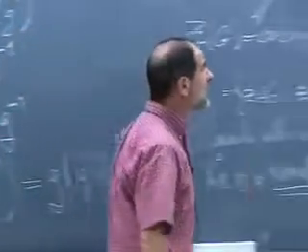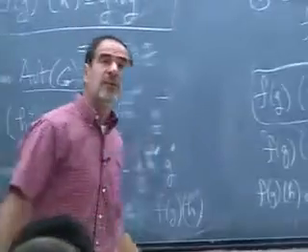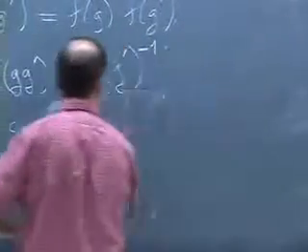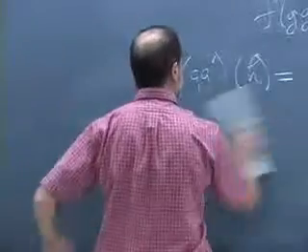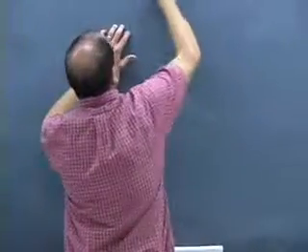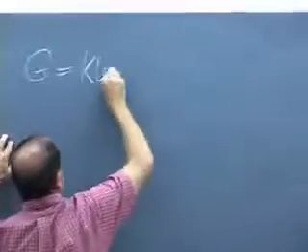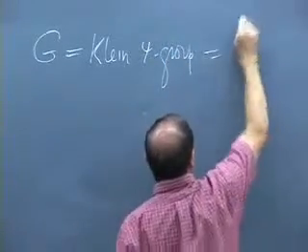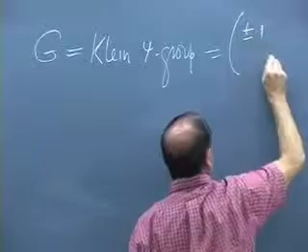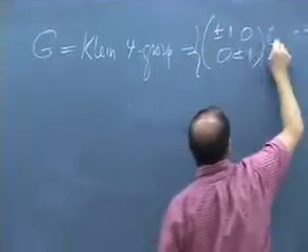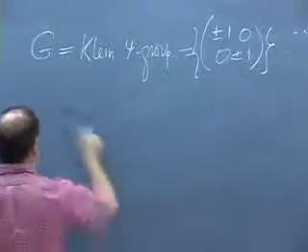Well, let's take a look at a simple type of group and see whether we get all the automorphisms. Let's take a nice group like the Klein 4 group, which Peter exhibited to you as the set of matrices in 2 by 2 matrices that have plus or minus 1s on the diagonal. Now, that group has 4 elements in it.